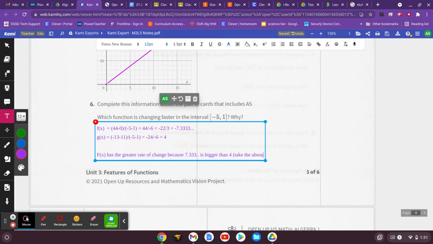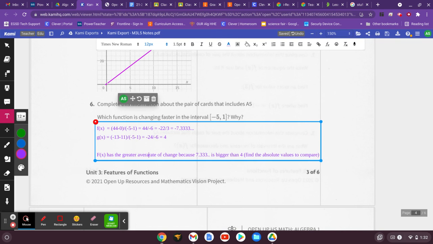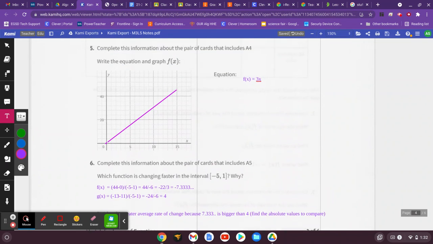Take the absolute values to compare. So when you find the absolute values, 7.3 is a greater average rate of change. That's the word I was looking for. Average rate of change, because it's just for that little piece and it's the average between all those.